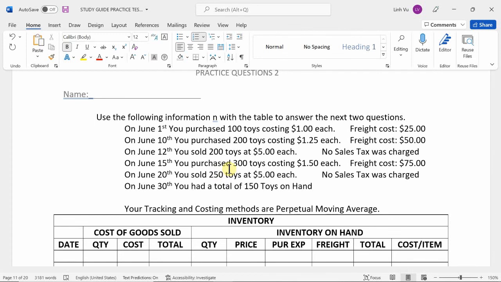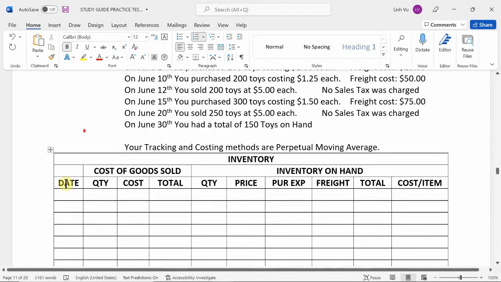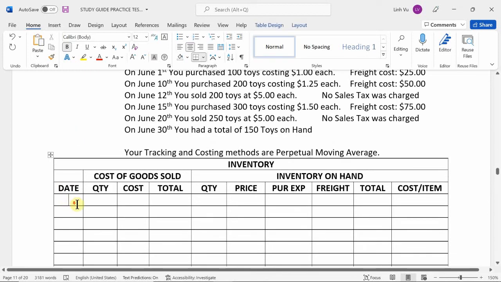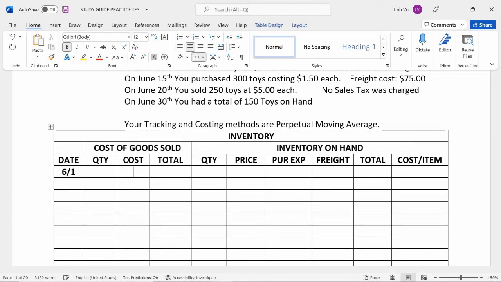Okay, so that one is the same, right? So we have June 1st, purchase a total of 100 toys at $1, which gave you 100 plus 25 gives you 125, which we already know this cost me right now $1.25 because it's the first batch of inventory.